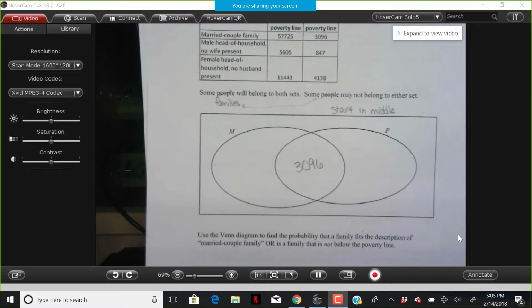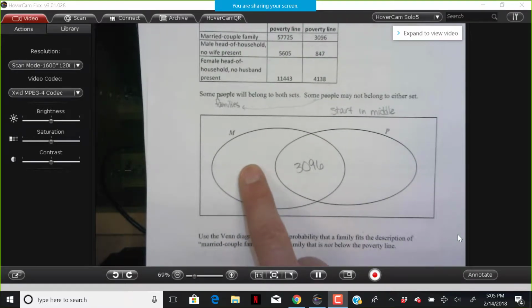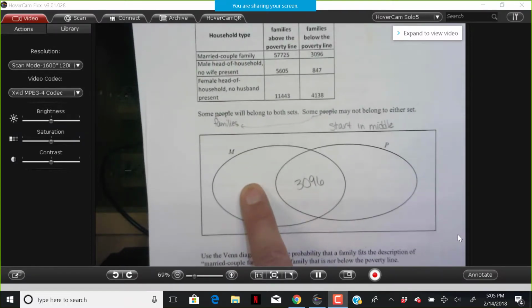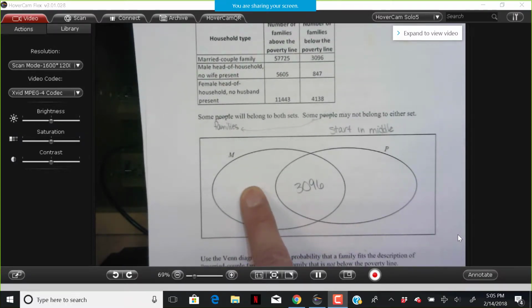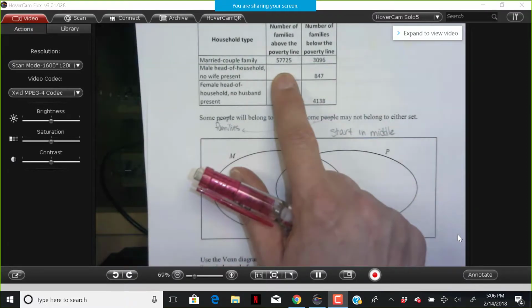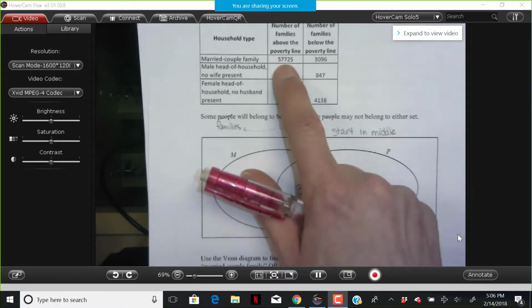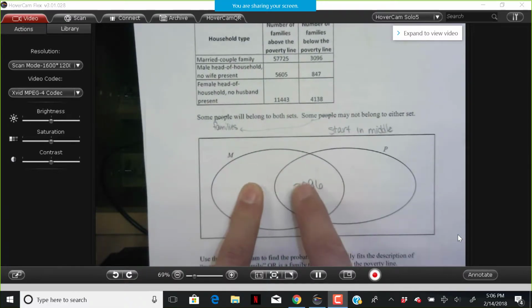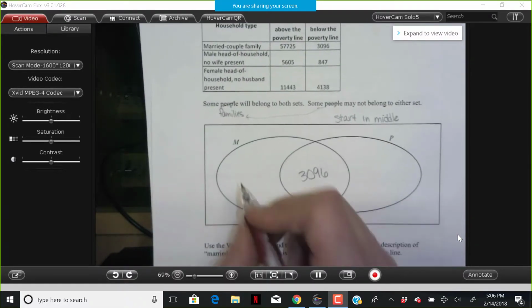Okay, and then what would go in this part of M's circle, do you think? Yeah, the 57725, right? Because these are still married couple families, but they're not in poverty, so we want it to be outside here.